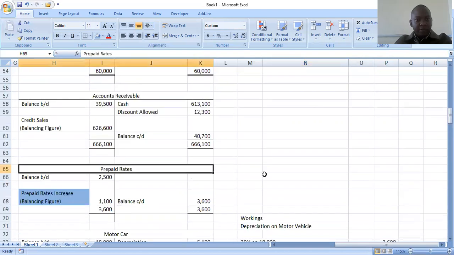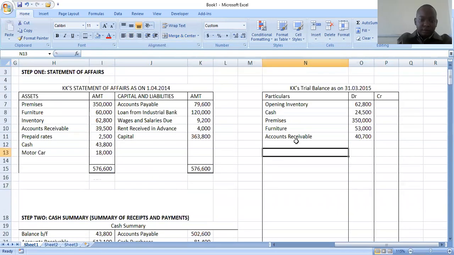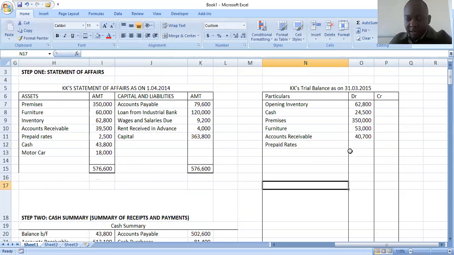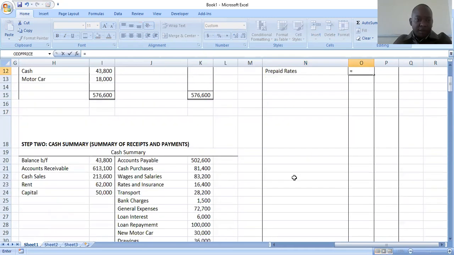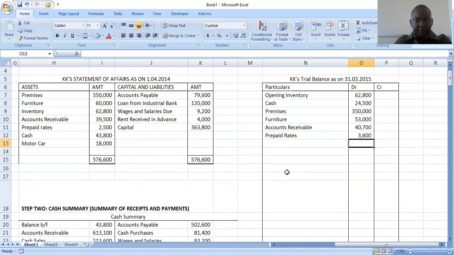After accounts receivable, we have prepaid rates. Prepaid rates, this is a prepaid expense. Prepaid expenses will always be current, will be an asset, and being an asset, it will be a debit balance. So prepaid rates, the balance carried down is 3,600. So like we have it there.